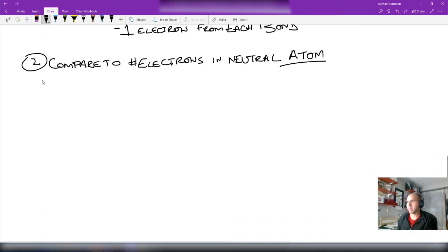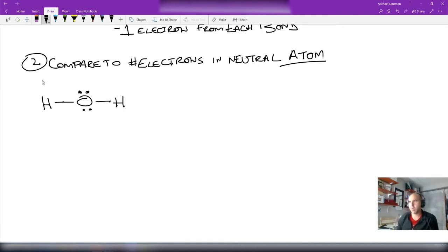So what does that mean? If we go back to the case of water, water looks like this. If I'm going to count for formal charge, let's say I take hydrogen. I count all the non-bonding electrons. In the case of hydrogen, there are none. So that's good. And then I count one electron from each bond. So that's one electron around the hydrogen. Now, if I look at the atom of hydrogen on the periodic table, it has one electron also.